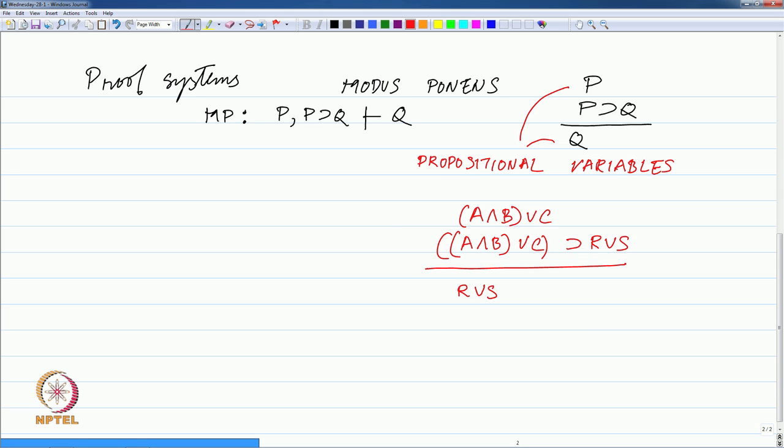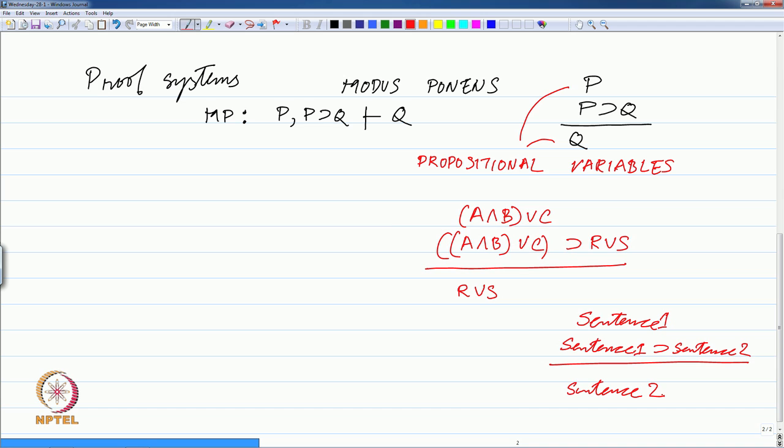So what we should really write is something like this: if you have sentence 1, whatever the sentence is, in fact in any language, and if you have another sentence which is of the form sentence 1 implies sentence 2, then we can infer sentence 2. This is the rule of modus ponens, and we saw that there are other kinds of rules.